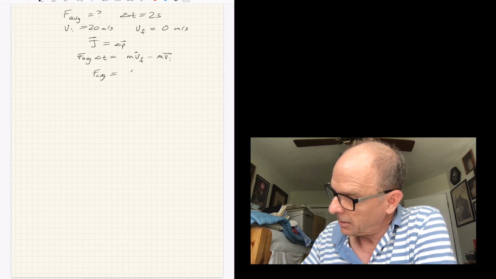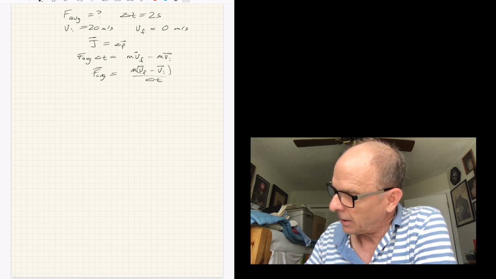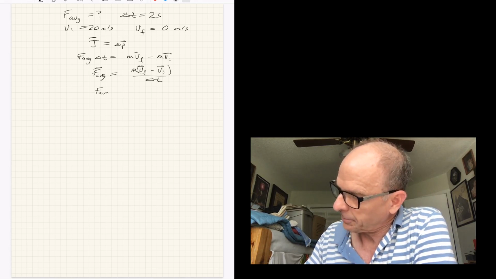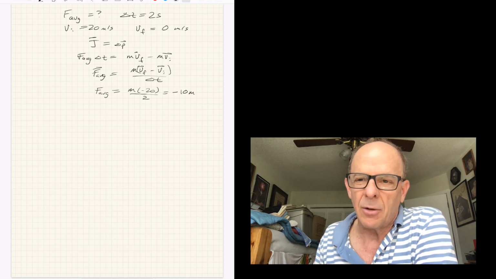It's m times vf minus vi over delta t, and the final velocity is 0, the initial velocity is 20, so this gives me the average force is m times minus 20 divided by the time, which is 2 seconds, so that's minus 10 times m. So there's no way around it.